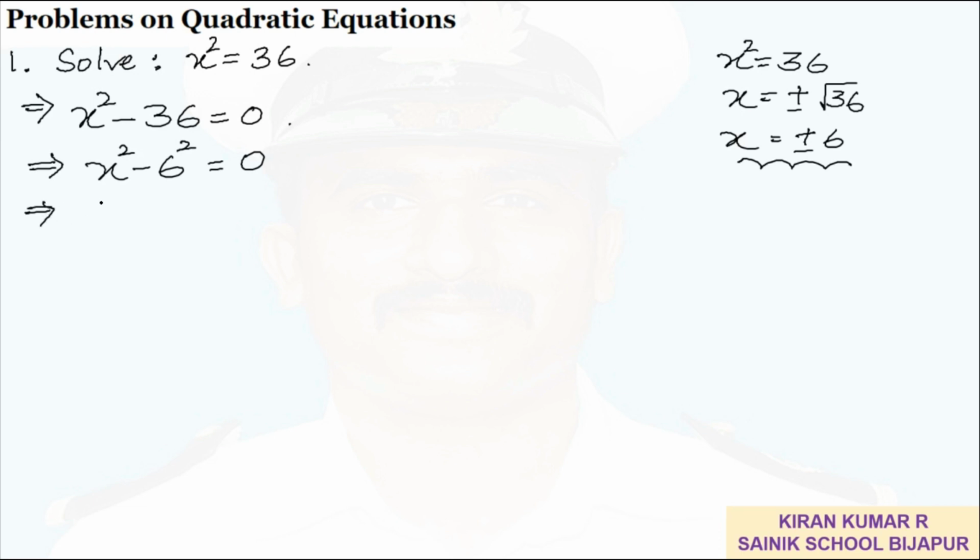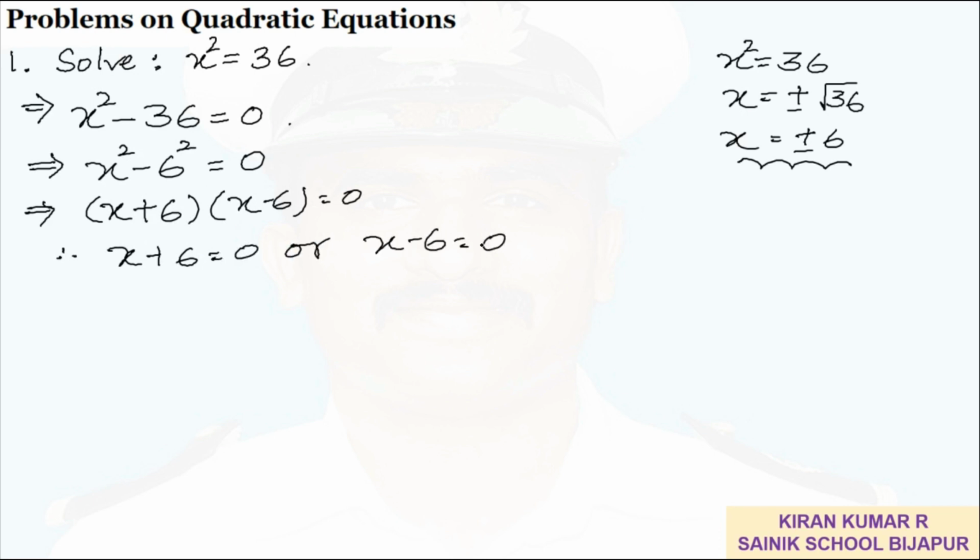Therefore, this becomes x plus 6 multiplied by x minus 6 equal to 0. Therefore, x plus 6 is 0 or x minus 6 is 0. Therefore, x value is negative 6 or positive 6. In this way also, we get the roots as positive 6 and negative 6.